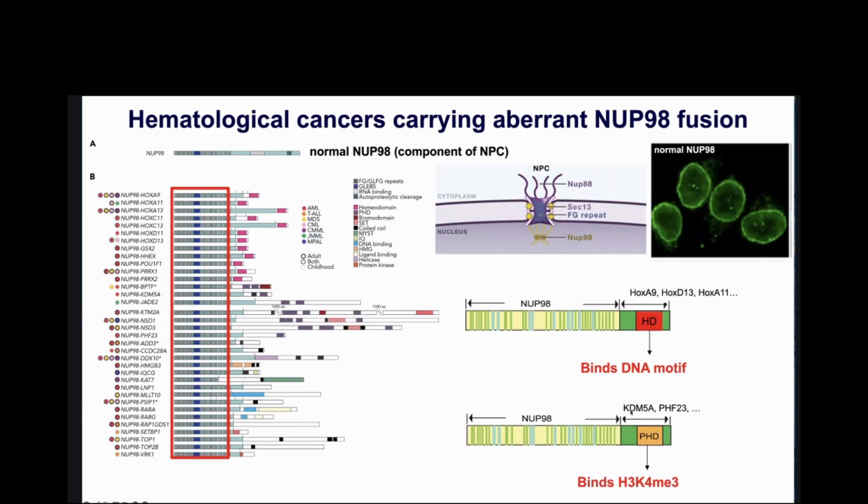Some of them, for example PHF23 and KDM5A, have the PHD finger that can bind to H3K4 methylation, especially tri- and dimethylation. As you know, those marks are prominent marks for gene activation. You can see them at the promoter and enhancer regions. And the last third are mainly associated with transcription, and some of them are actually understudied.